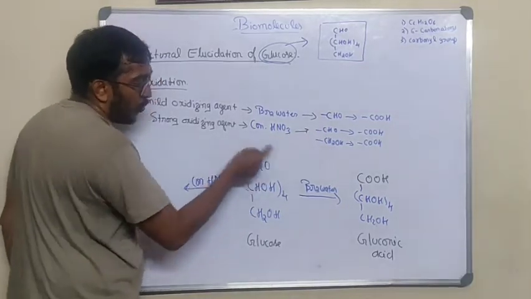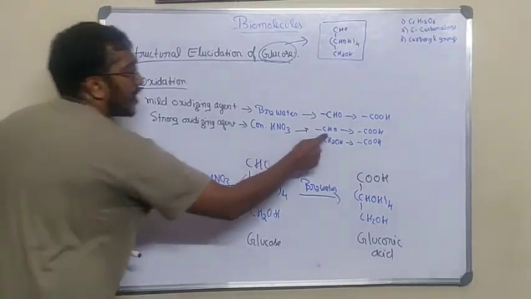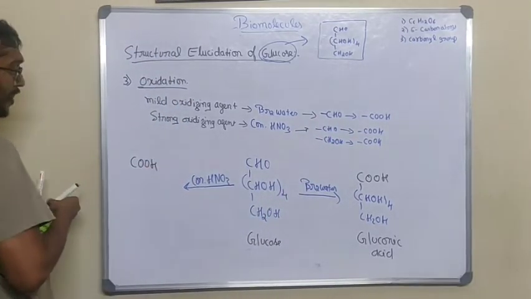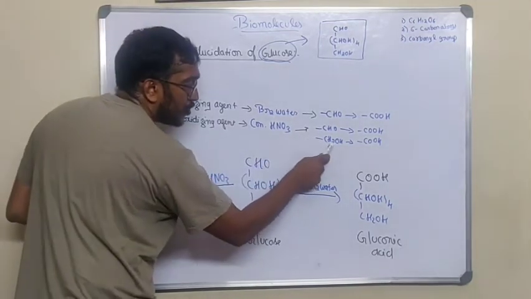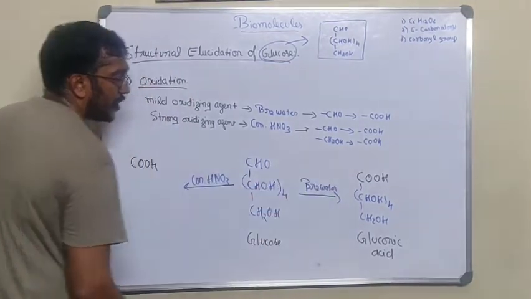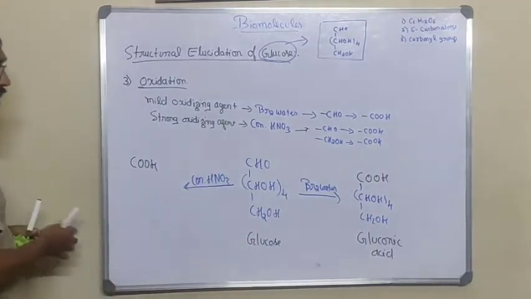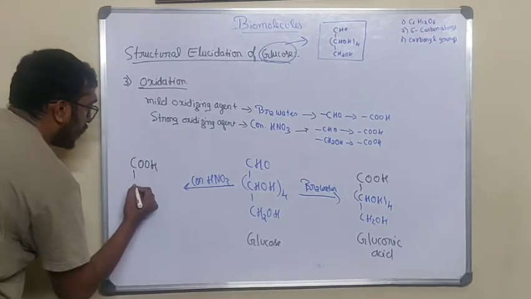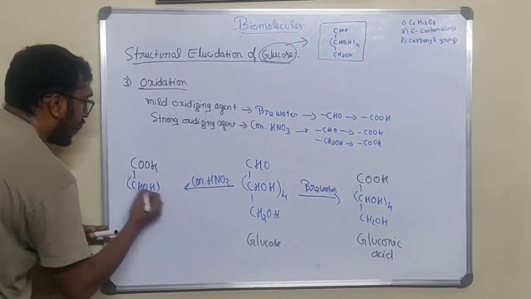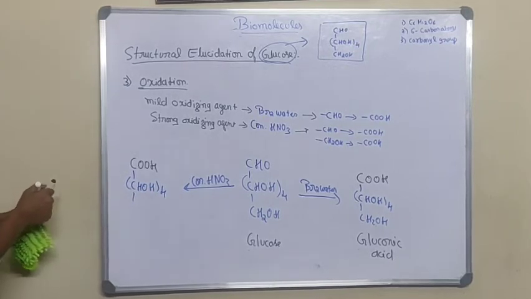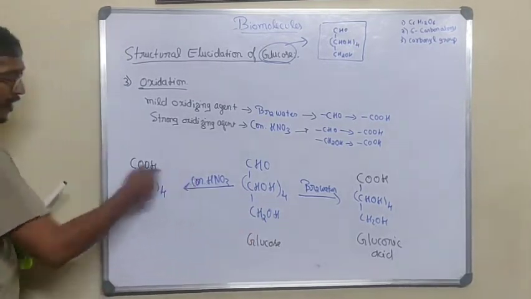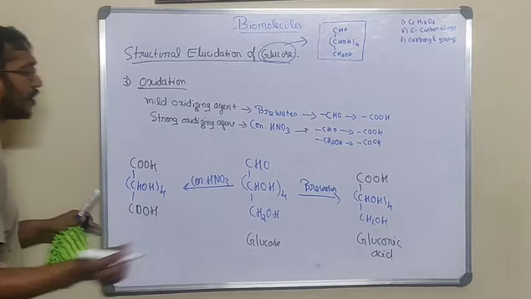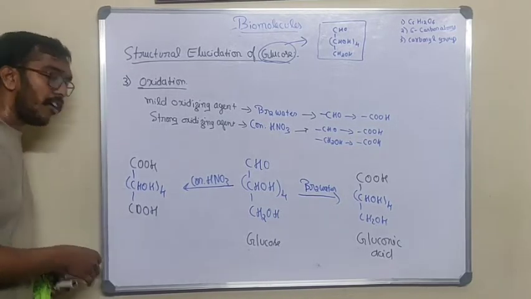The CHO will be converted into COOH, and CH2OH will also be converted into COOH. CHOH four times bond, and CH2OH in the presence of a strong oxidizing agent is also converted into COOH.